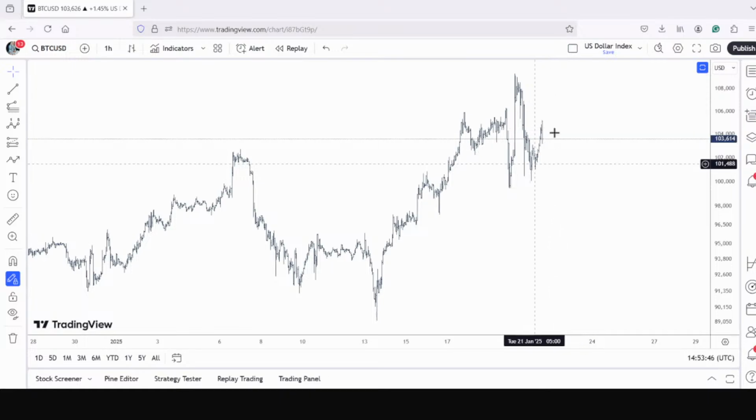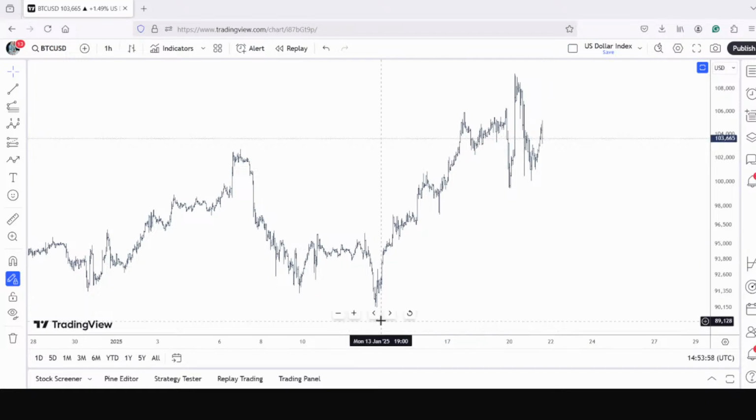Bitcoin, if you're going to go long, we don't recommend any long positions around this price, because the risk reward ratio is poor. Ideally the stop loss goes below that 89 mark. We are at 103, that is 14 points, and the reward is not that much.